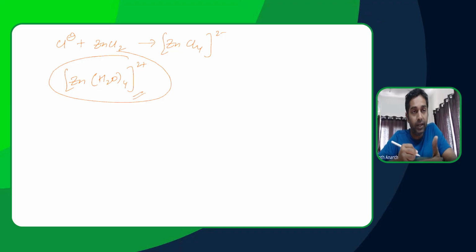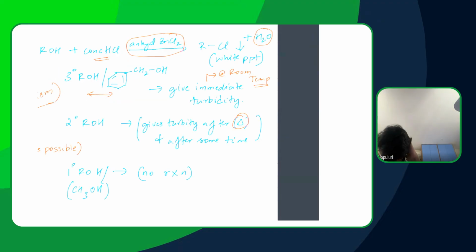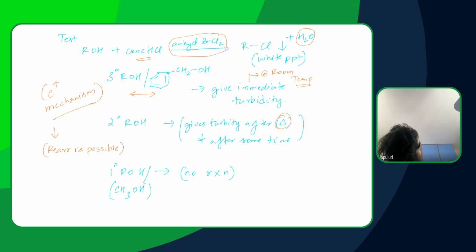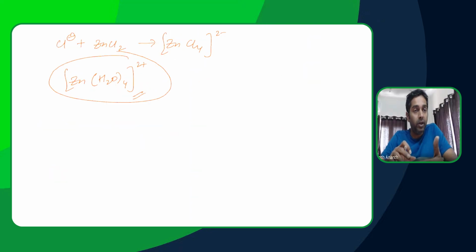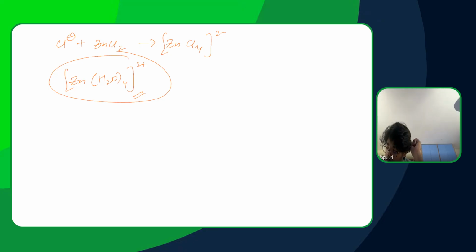You want to avoid that happening, so we make sure we use anhydrous. Okay, my bad. And sir, in this particular case you're purposely using anhydrous so that you have the ZnCl2 properly existing and taking off the chloride ions.